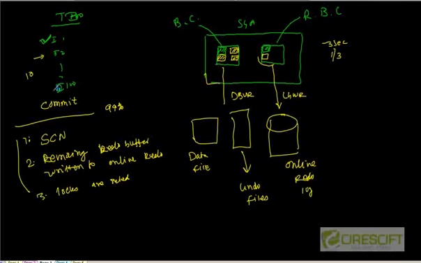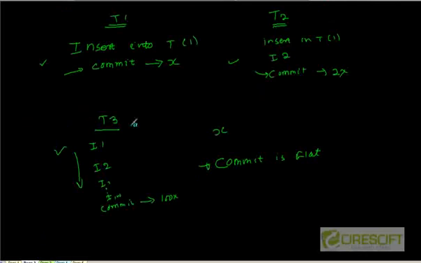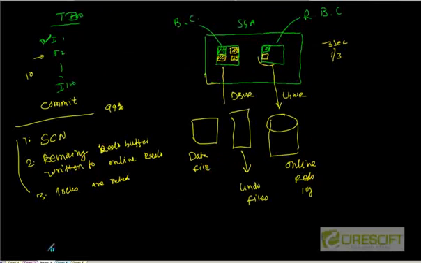Remember, that is why if you insert one row, or two rows, or 100 rows, it doesn't matter, because most of the work is done during the insert, and during the commit it only does the SCN number and the remaining blocks. Therefore, if I measure how much time the commit statement took, it will come out as a flat value.